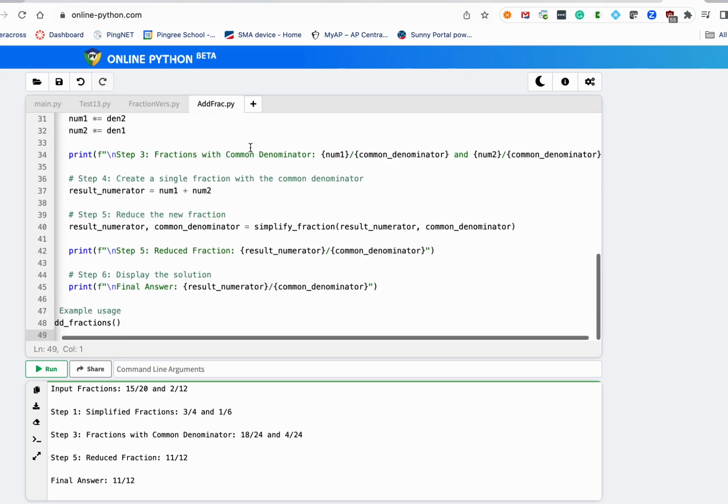And you can see here that when I ran it, I input the fractions 15 over 20 and 2 over 12, and it displayed the steps in simplified form. It displayed them again with the common denominator, and then it displayed the reduced fraction and my final answer. So it seemed to work.